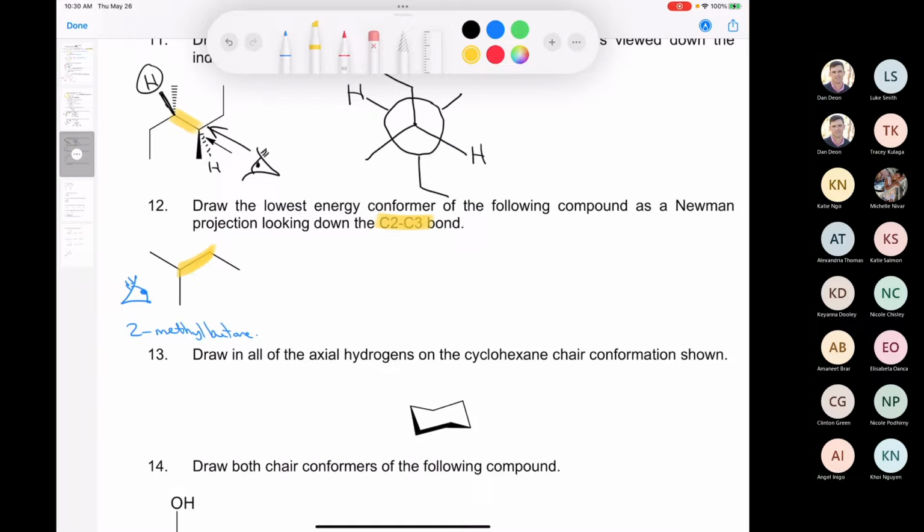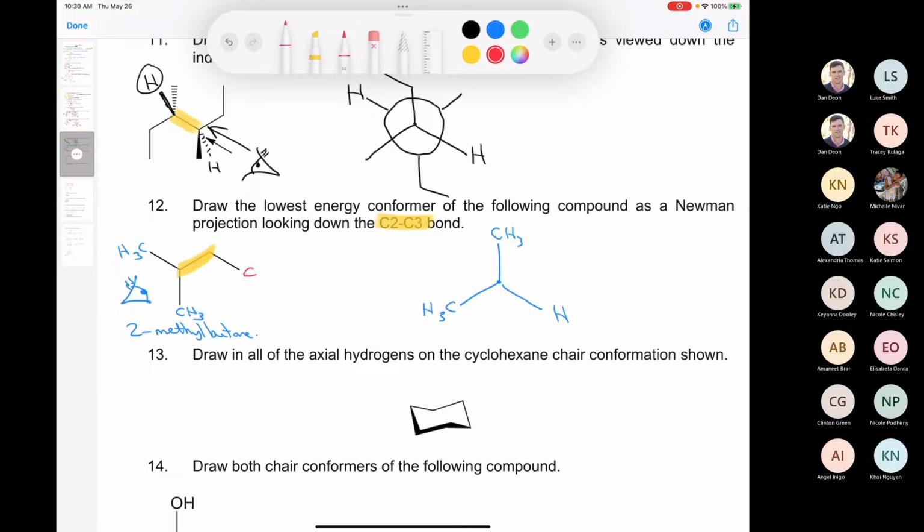All right, so now that we know which bond we're looking down, it's this bond to this bond. Well, in our carbon in the front, we're going to have 2 methyl groups, right? We've also got a hydrogen on here, and it doesn't matter where you put them. We could put a methyl group up here. We could put the other methyl group down here. Doesn't matter. And then you have a hydrogen. So now we've covered these 2 methyl groups.